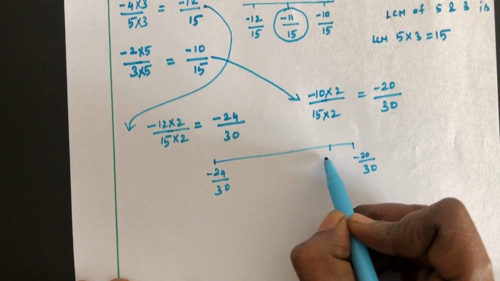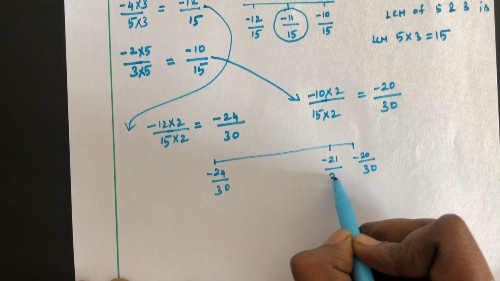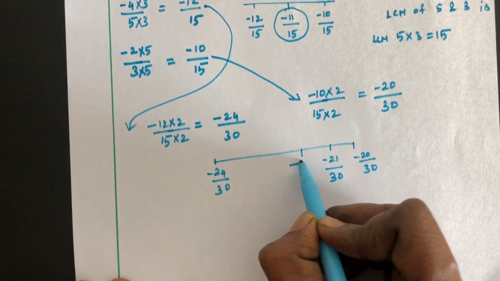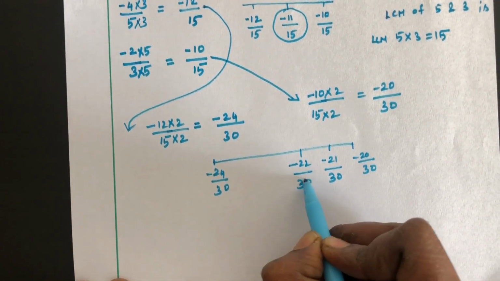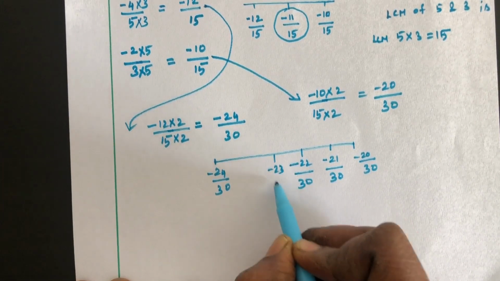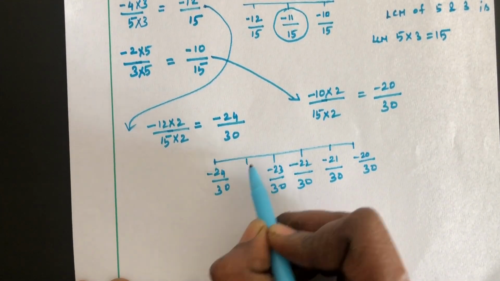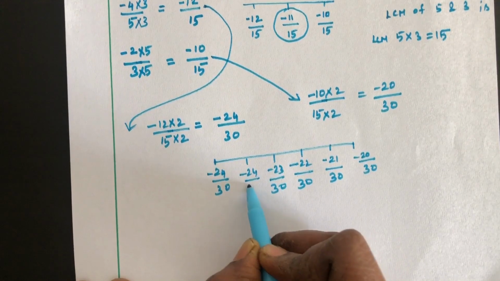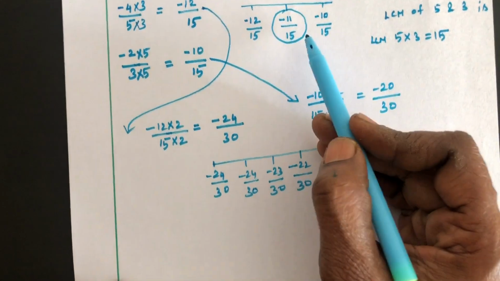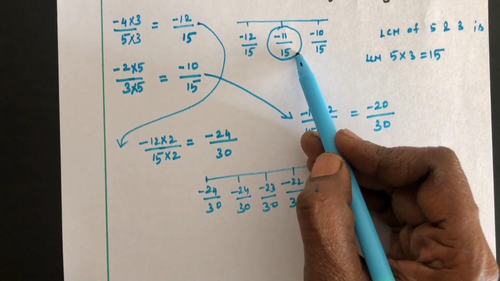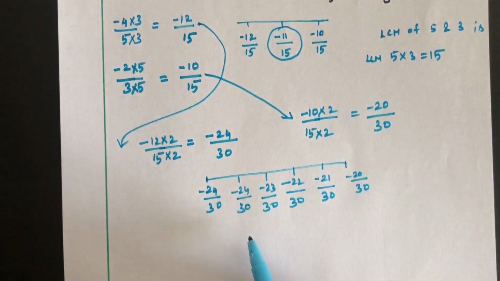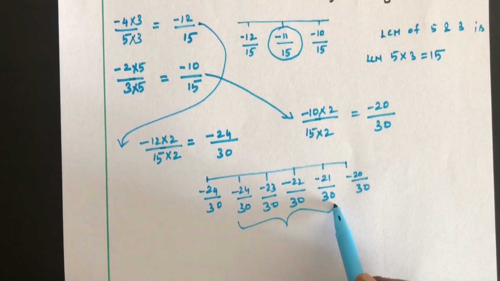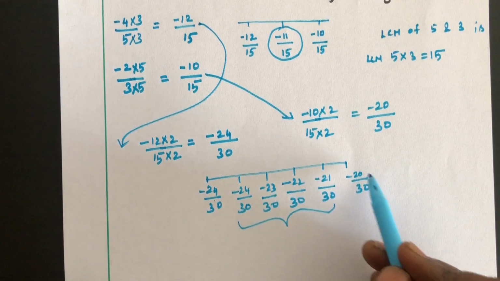How many numbers will come? Minus 23 by 30, minus 22 by 30, minus 21 by 30. So already we have found one rational number in between these two. Here we have found 4 more rational numbers in between these two.